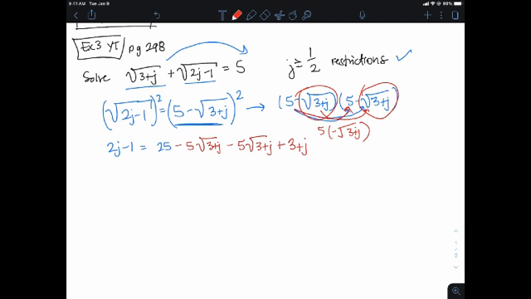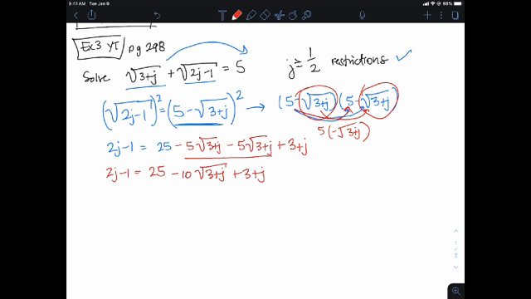Okay, let's combine on the right-hand side this pile of hot nonsense. I'm allowed to subtract these two. They are like terms, same index, same radicand, so negative 5 minus 5 is negative 10 root 3 plus j. And then plus 3 plus j. Oh shoot, I could have done some more combining, but it's okay. I'm just going to pull everything to one side anyway.